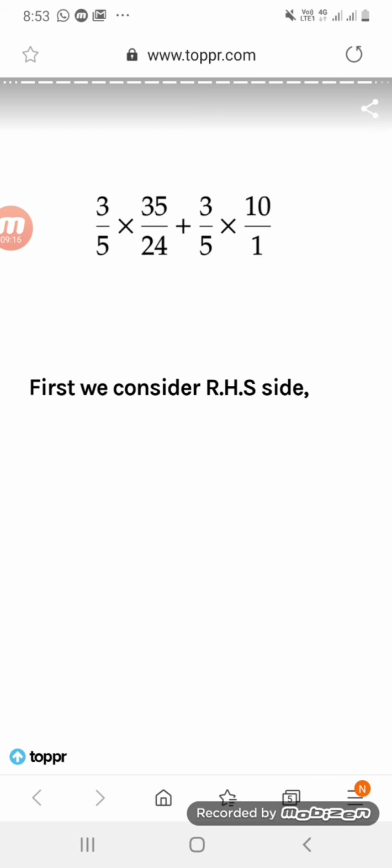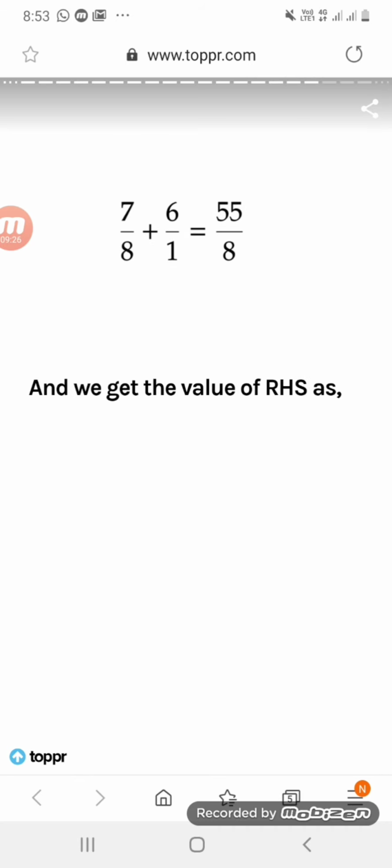So we'll consider the RHS side. What do we get? 7 by 8 plus 6 by 1 is equal to 55 by 8, which is the value of the RHS.